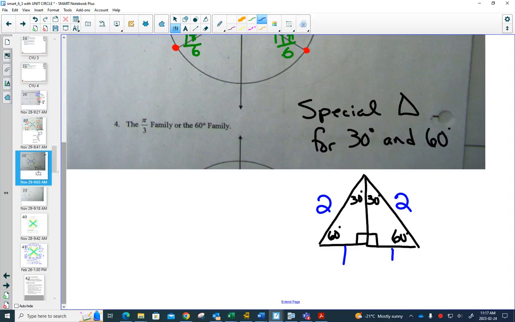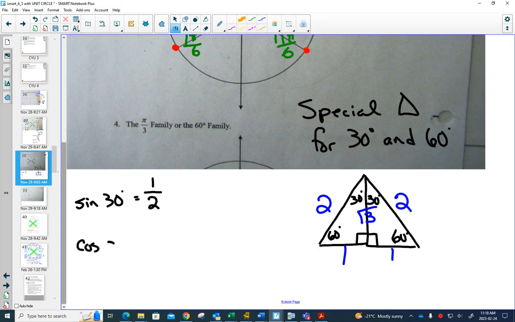And all of a sudden, we have side lengths for our special triangle. We can do a squared plus b squared equals c squared again, and get that this length here has to be the square root of 3. And now we can do sine, cos, and tan of 30 degrees and 60 degrees without our calculator. Look, sine of 30 degrees: opposite over hypotenuse, 1/2.